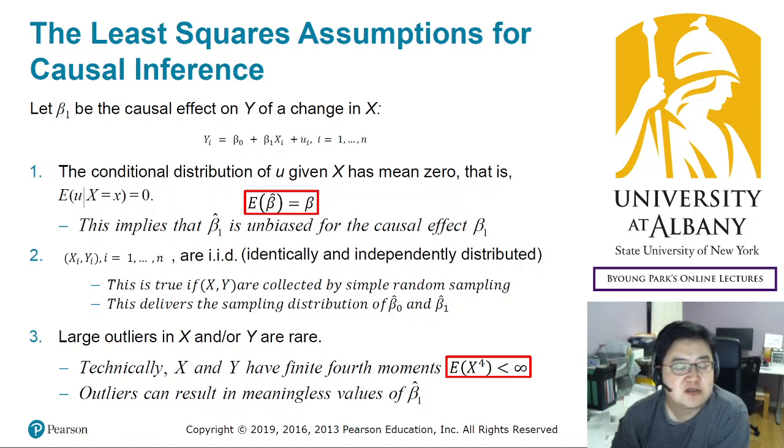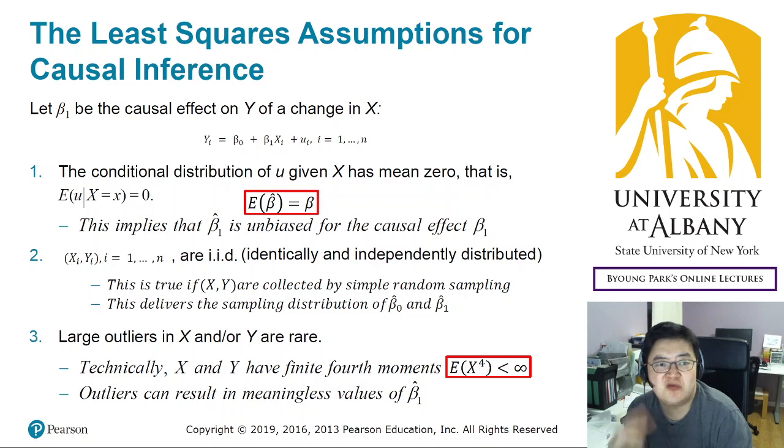Hello. In the previous video, I explained the basic idea of cause and effect interpretation, and I told you that some confounding variables could cause problems in interpretation. So here, I'm going to show you three assumptions for causal inference.